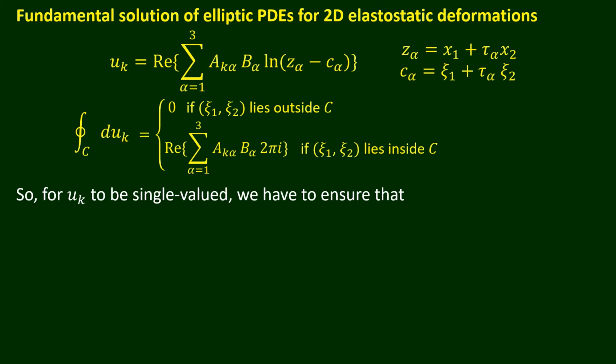So, for u_k to be single-valued, we have to ensure that the real part of the sum, α equals 1 to 3, A_kα B_α 2πi is equal to 0.